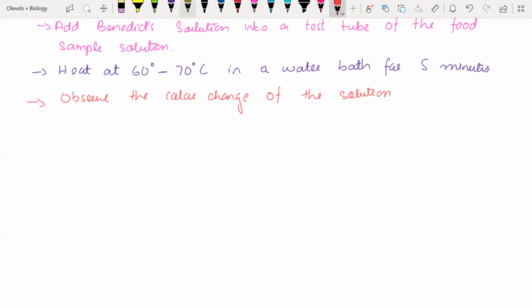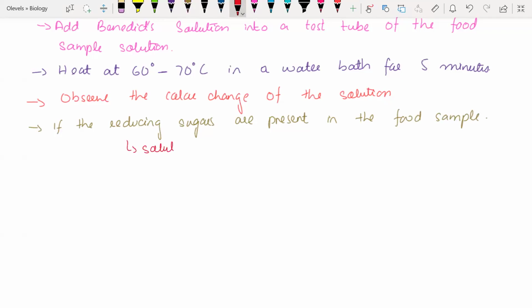If the reducing sugars are present in the food sample, the solution will turn from blue to orange or brick red color.